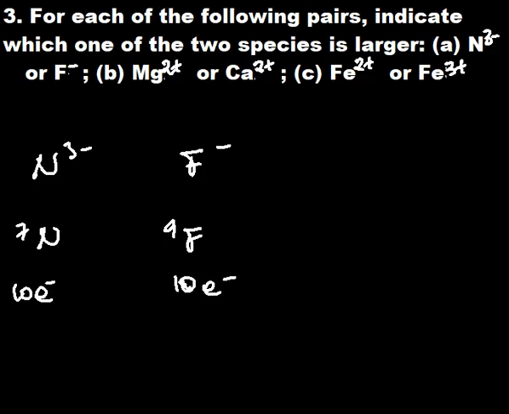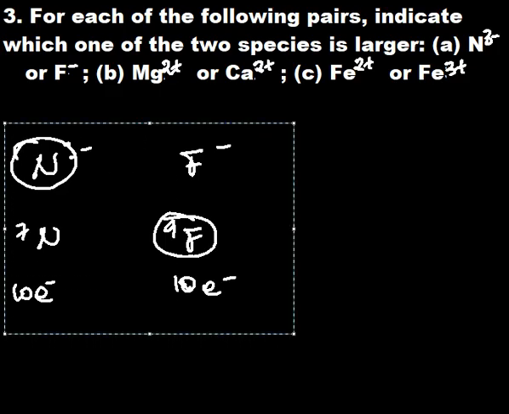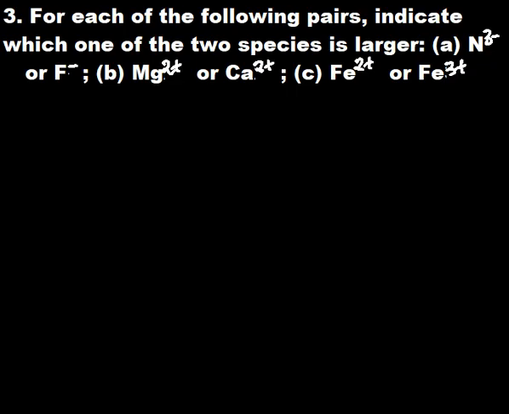But since they're in the same period, the ionic radius is determined by looking at the effective nuclear charge. In this case, the nitrogen ion is the one with the larger ionic radius than fluorine, because the fluorine ion experiences the greatest effective nuclear charge. So here's just the key for you: when the ions are of atoms of the same period, just look at the effective nuclear charge.